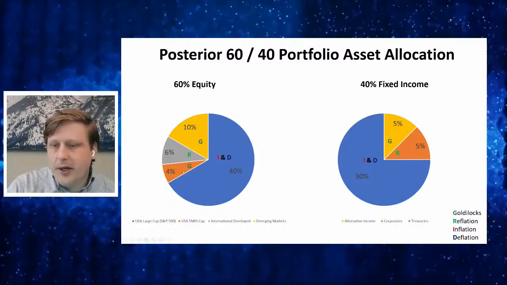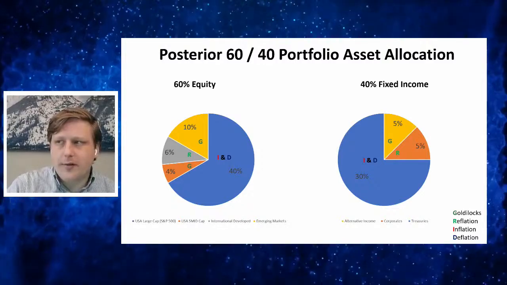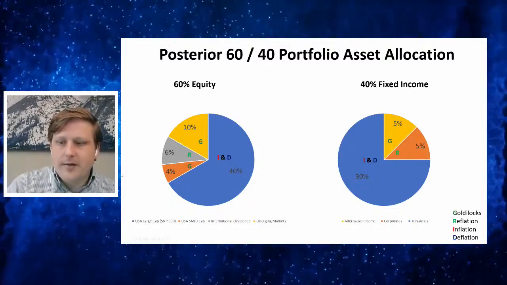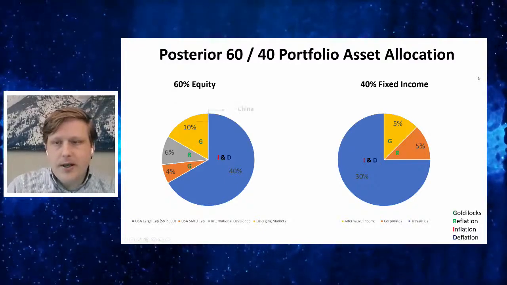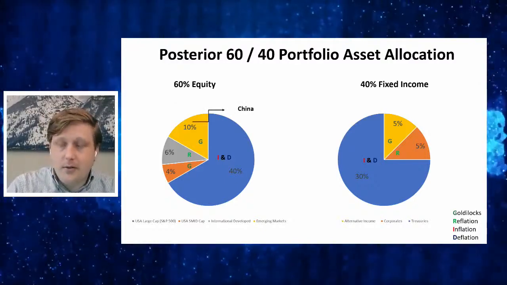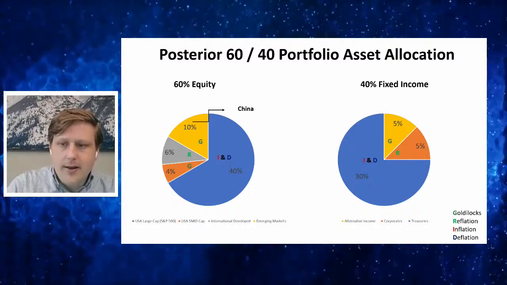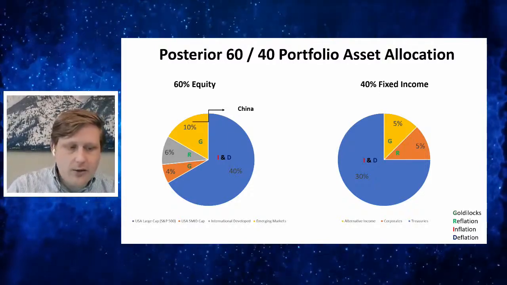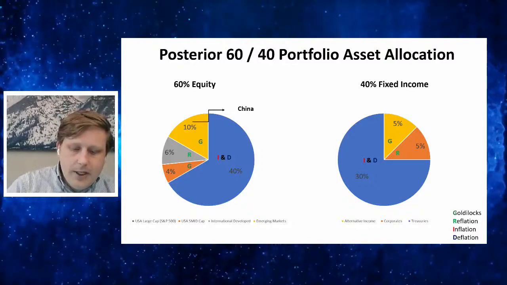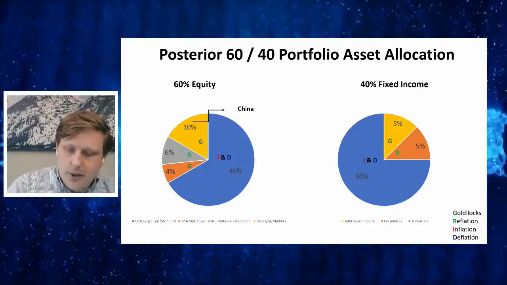And I also put in here a reduction of the small caps, which get punished in the inflation and deflation regimes, in favor of potentially putting that into emerging markets, mostly because of China's dominance in the whole macro world, but also in emerging markets and its expectation to recover and reflate here in 2022. Darius, feel free to chime in here on your thoughts on China and emerging markets.